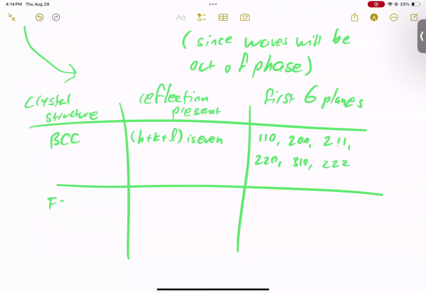For FCC, H, K, and L must be either all odd or all even.